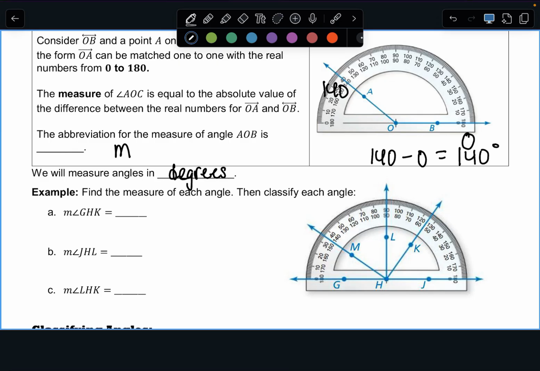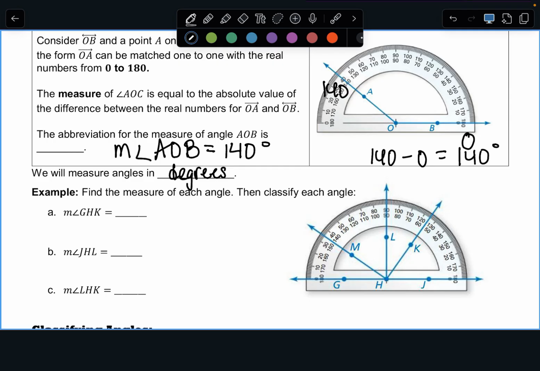The way we abbreviate angles for the measure, we say M for measure, and then we name the angle. What's the name of this angle? Angle O or AOB. So I would say the measure of angle AOB is equal to 140 degrees.